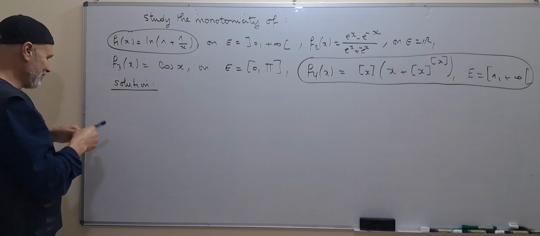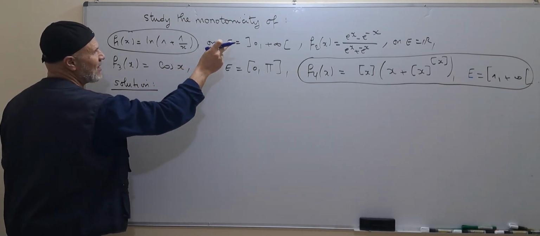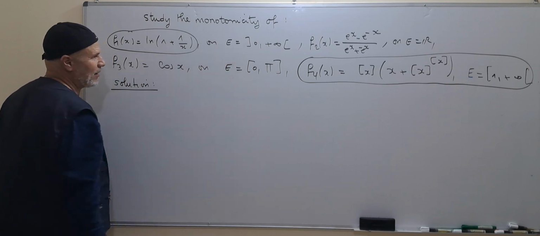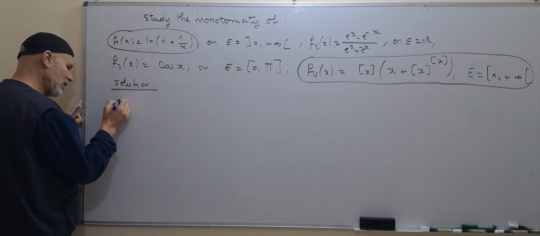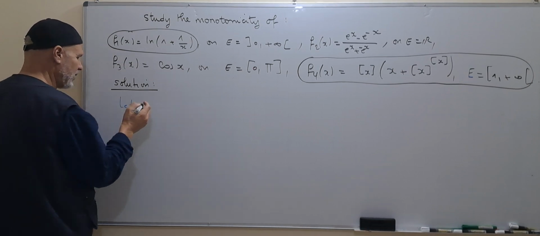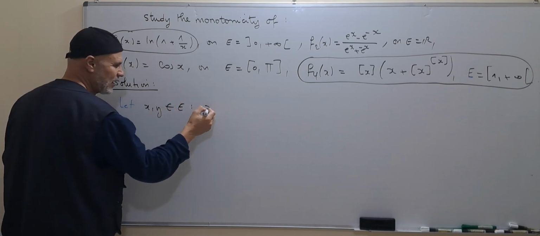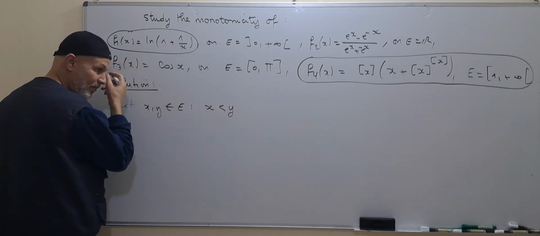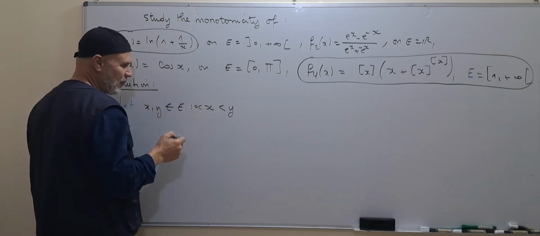For f1, we have to study the monotonicity on the domain 0 to plus infinity. Let x and y belong to E such that x is less than y. X is greater than 0.